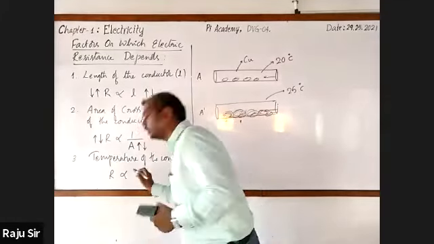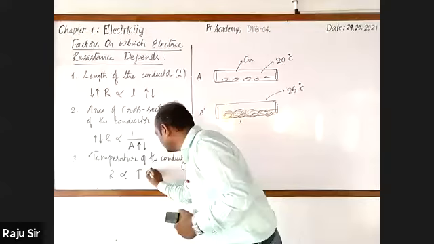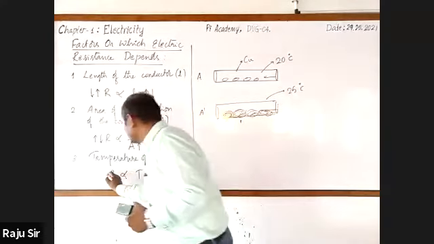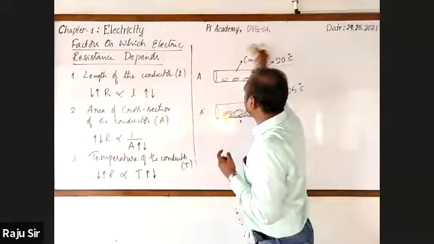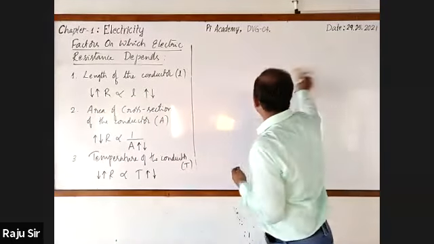Directly. Proportional to T, that is temperature. As temperature increases, electric resistance also increases.